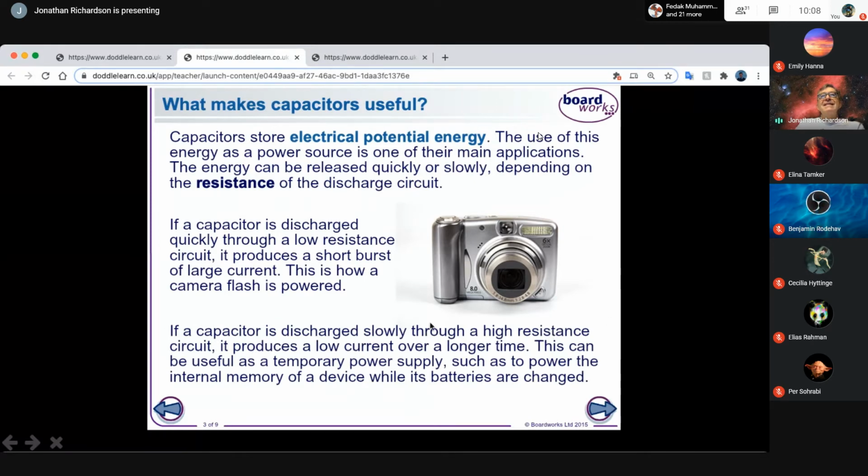If the capacitor is discharged slowly through a high resistance, it produces a low current over a much longer period of time. And this could be useful, for example, as a temporary power supply, and would allow you to supply power to the internal memory of a device whilst its battery is disconnected. Some of you may have devices at home where you need to change the internal battery.